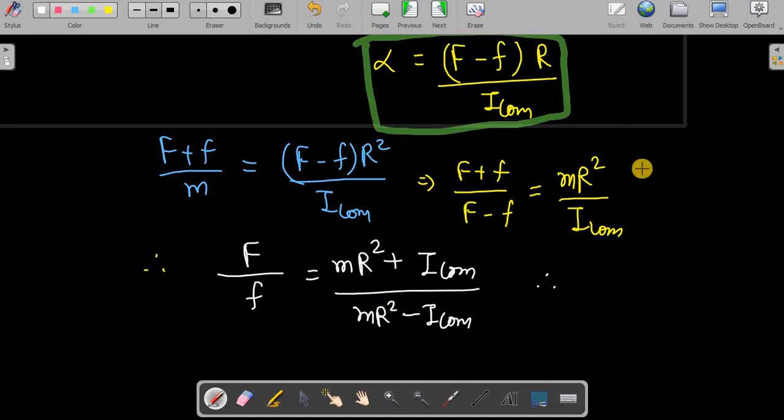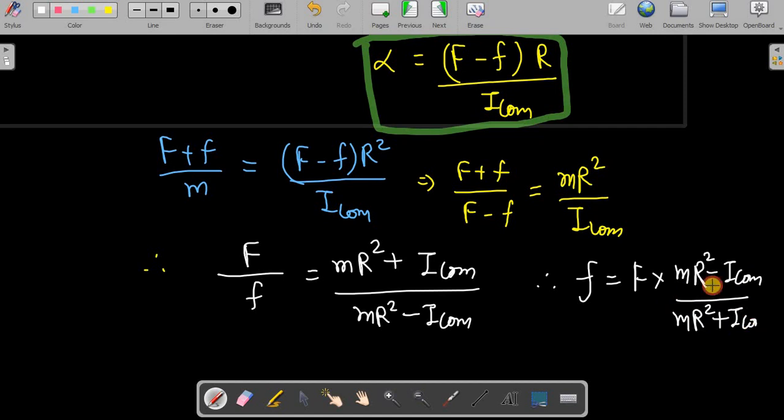From here, if you want friction, you can calculate it. Friction f will become F times (mR squared minus I center of mass) by (mR squared plus I center of mass).